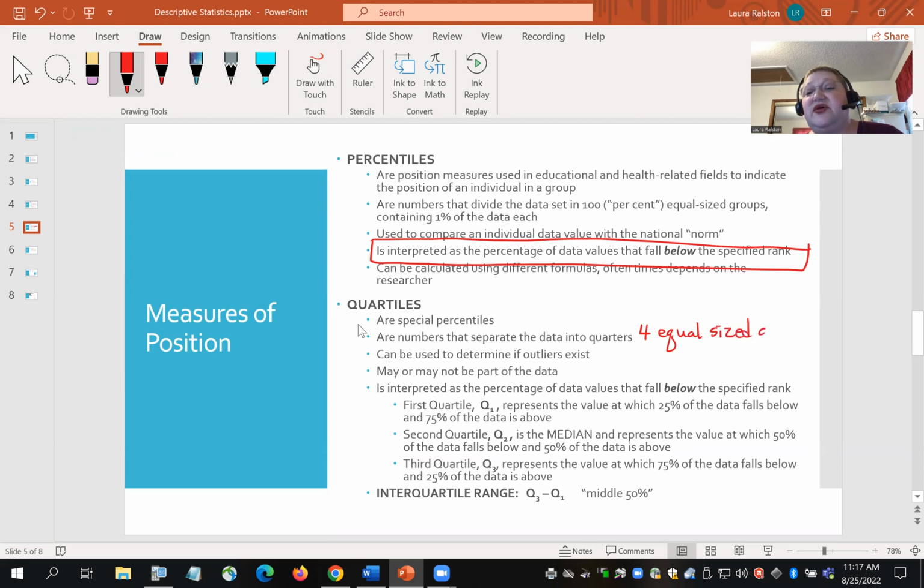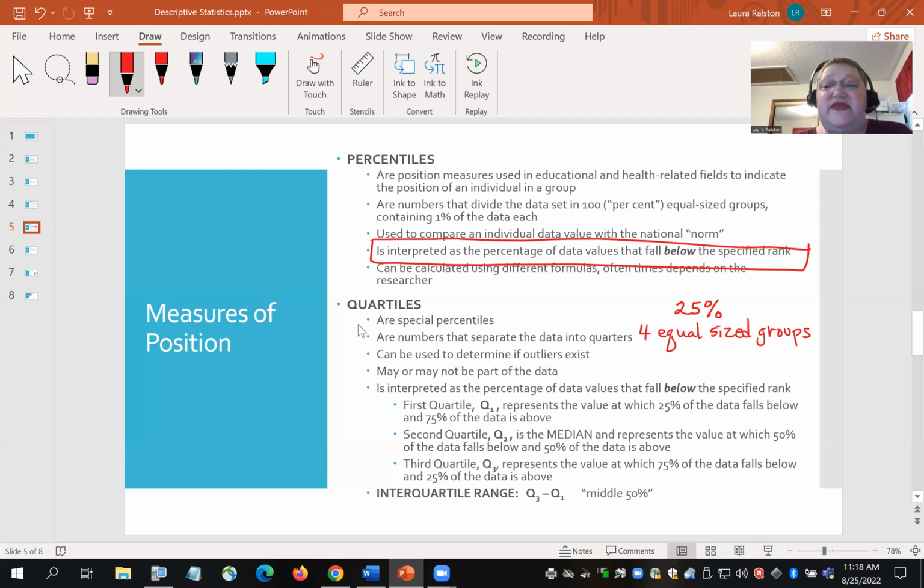If I take 100 and divide it by 4, each group is going to contain 25% of the data. The quartiles are useful because they are going to help us to determine whether or not we actually have outliers within our data set.